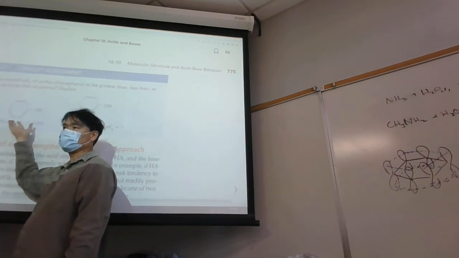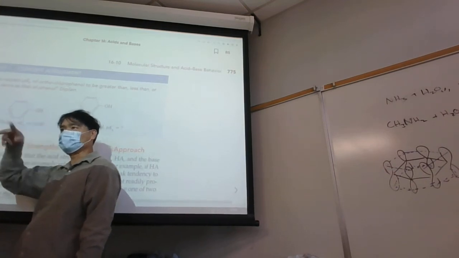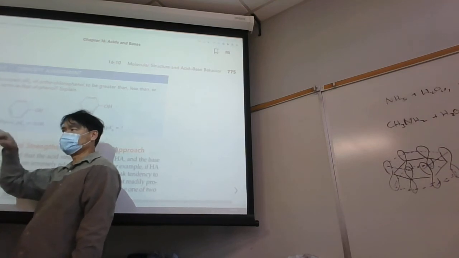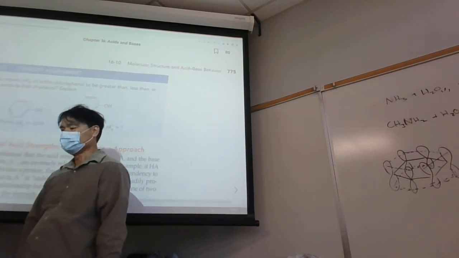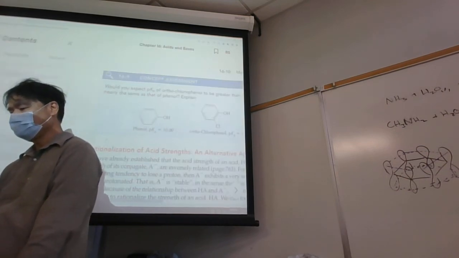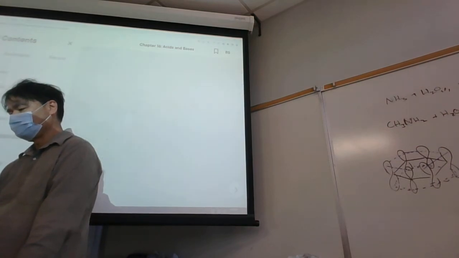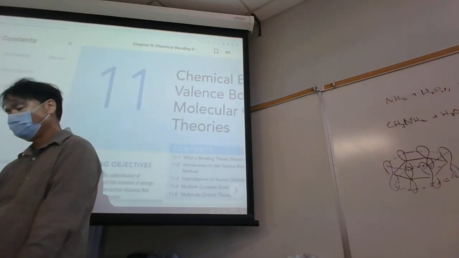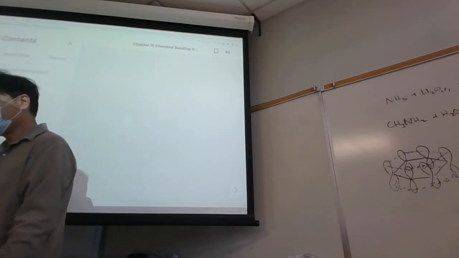This is called aromatic. Aromatic compounds have this alternating double single. Actually, we can see that back. What chapter was that? Chapter 11? It's called delocalized electrons.